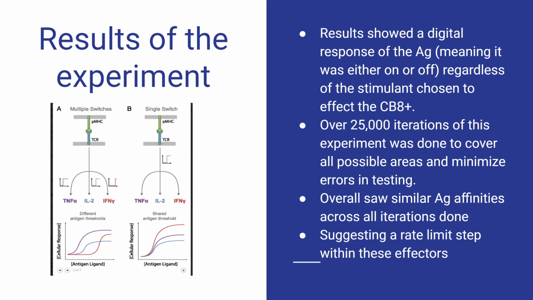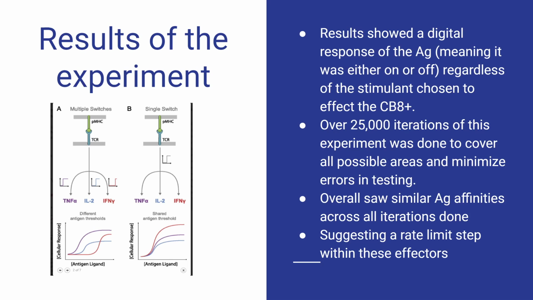The results of the experiment: this is where it gets kind of interesting. The results showed less of an informed response, with the AG knowing exactly what it was dealing with, and much more of what they called a digital response, where it was either all on or all off. It was either a 1 or a 0, and we saw pretty much the same affinity over all of these iterations for the entire experiment.